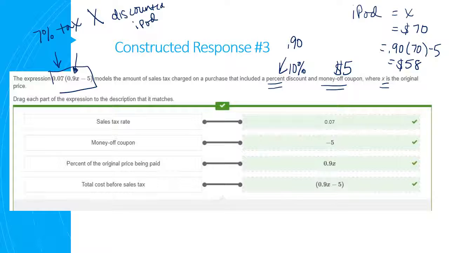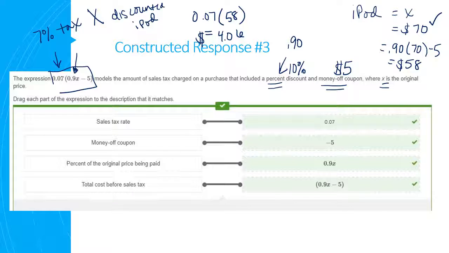So in this case, we'd have 0.07 times that $58. So the total amount in tax I'm paying is $4.06.